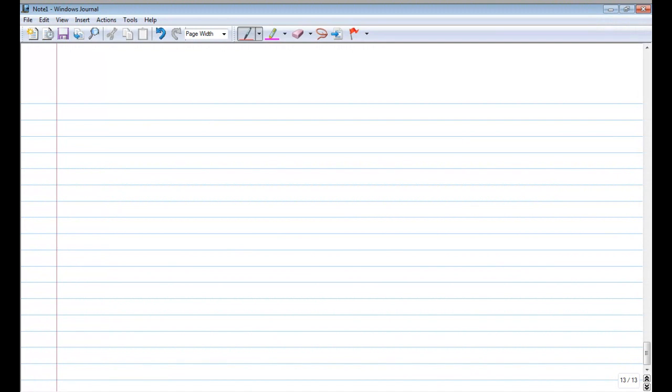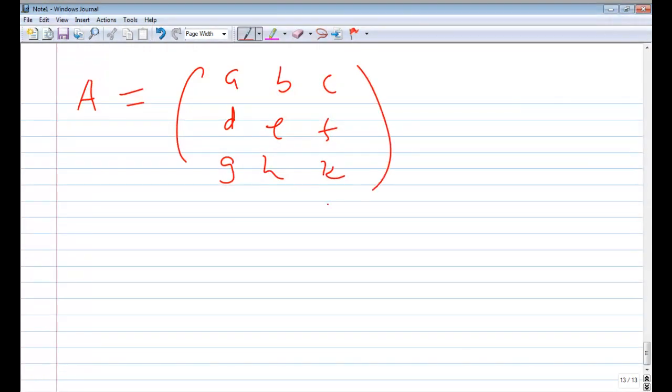Let's say, for argument's sake, you have got a matrix A given by A, B, C, D, E, F, G, H, K. So this is a 3 by 3 matrix.